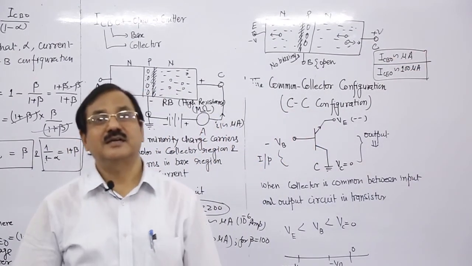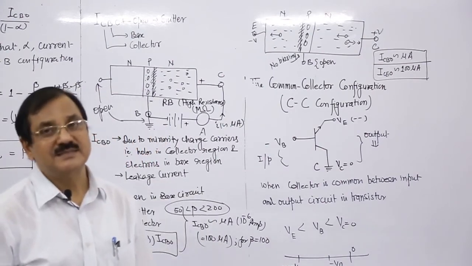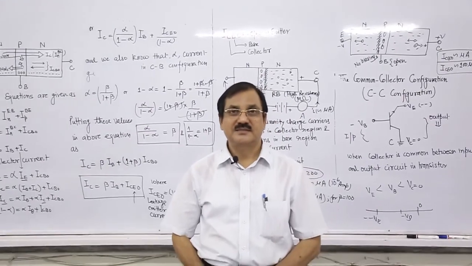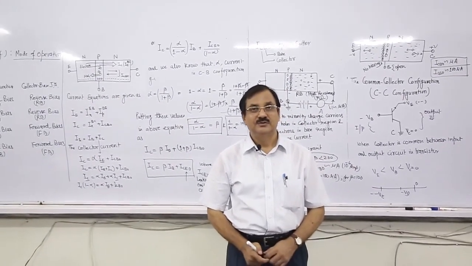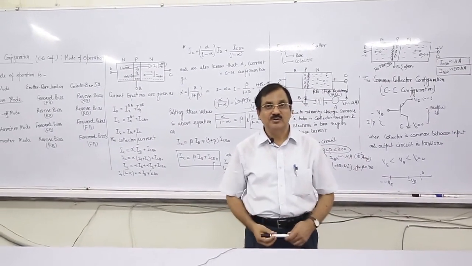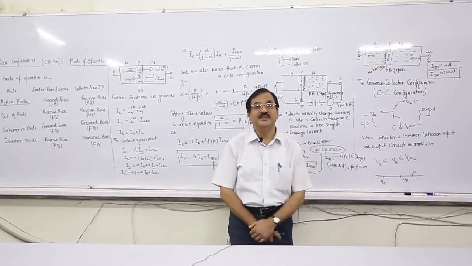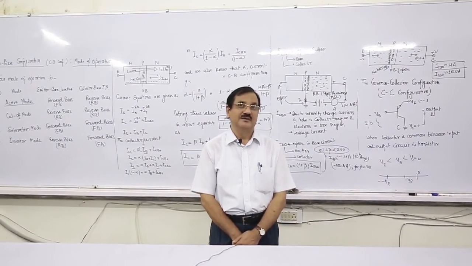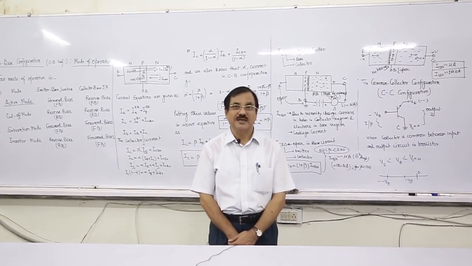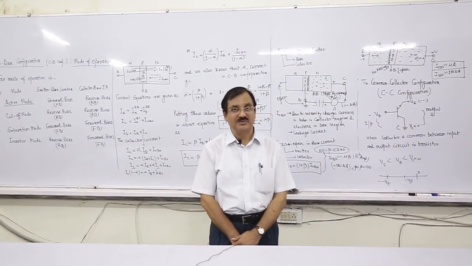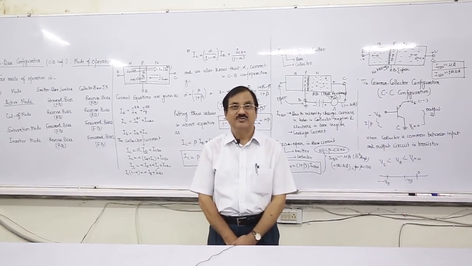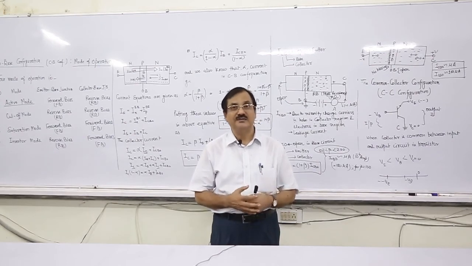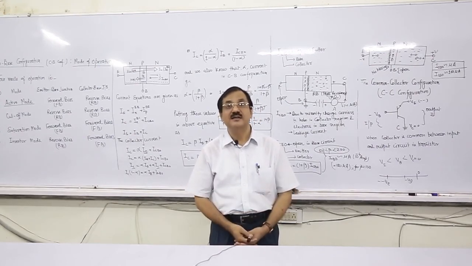These are the current concepts in common base configuration. This is all about today's lecture in this module, where we have discussed the configurations. There are three types of configurations: common base, common emitter, and common collector, that is, which terminal is common between input and output, or in other words which terminal is grounded.